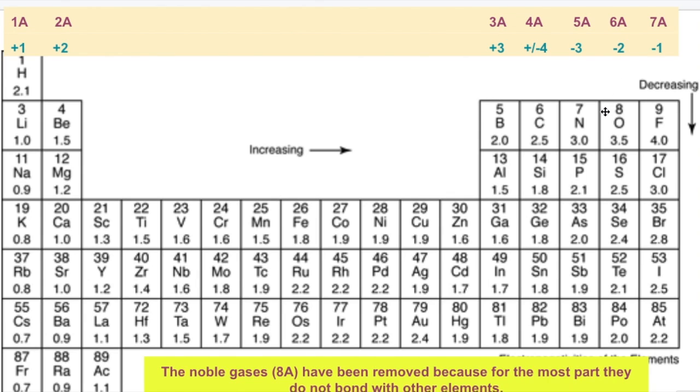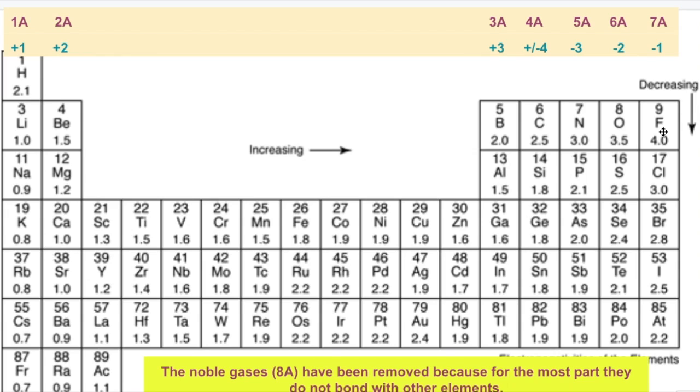Okay, if I had fluorine and beryllium, and I was putting those together, I have +2 for beryllium, and I have -1 for fluorine. I would need 2 fluorines to accept the 2 electrons from beryllium. So it would be 1 beryllium to 2 fluorines.